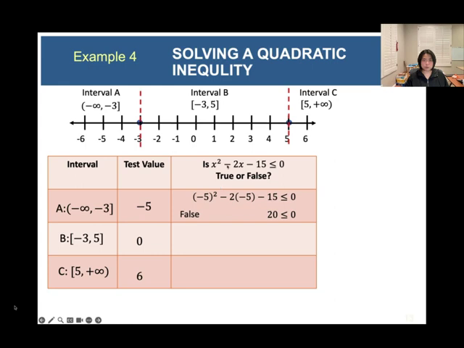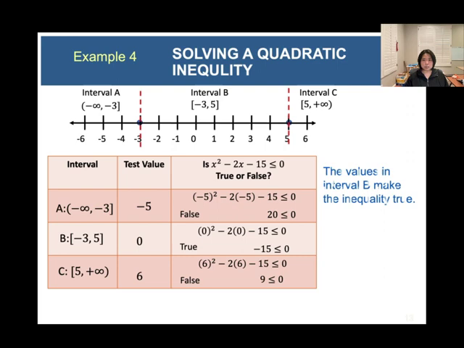Try the second one: plug in 0 into the original inequality. You're gonna get negative 15 less than or equal to 0, so this is a true statement. Good. Last one, plug in 6. You're gonna get 9 less than or equal to 0, so this is a false statement also.